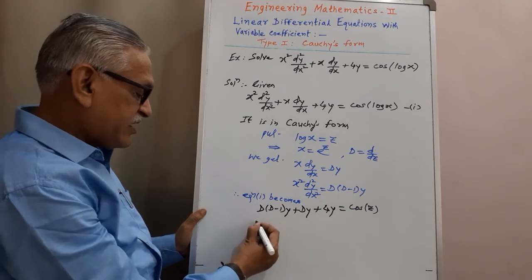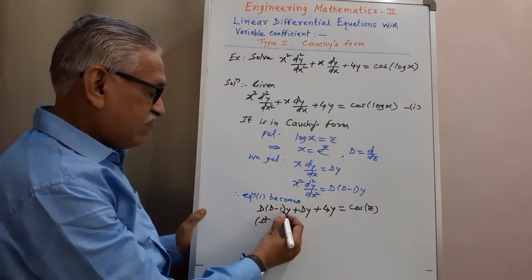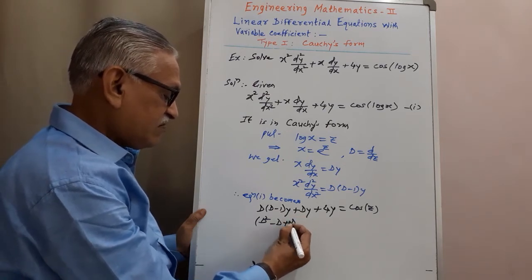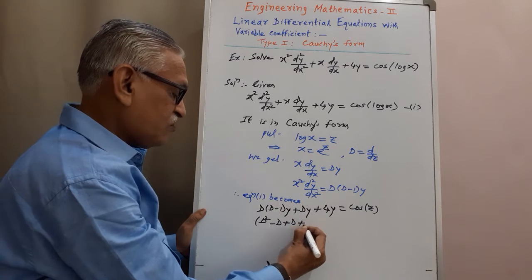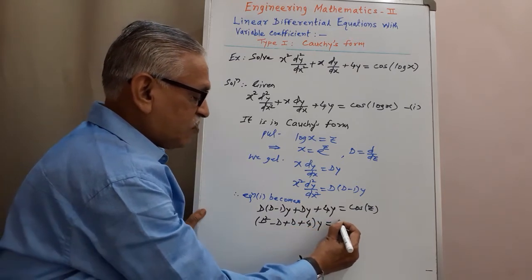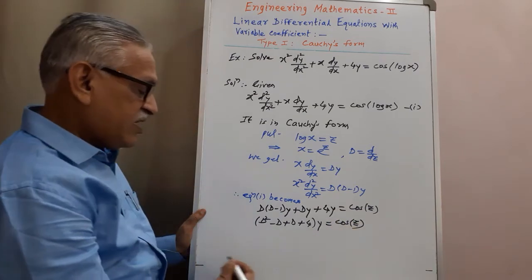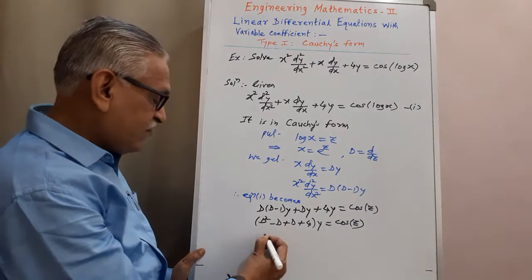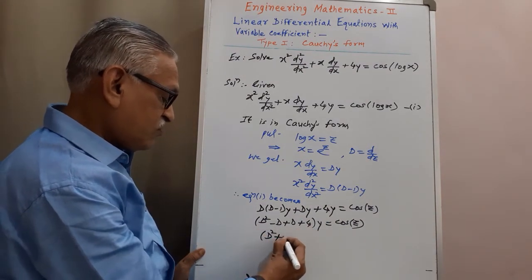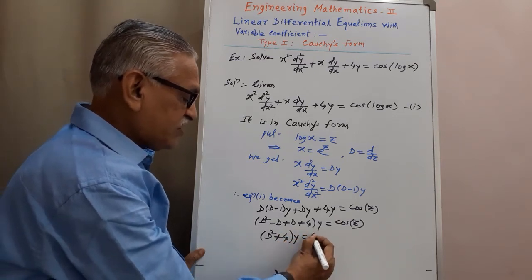Then taking y common from all, we get D square minus D plus D plus 4 operated on y is equal to cos z. Minus D plus D get cancelled, therefore D square plus 4 into y is equal to cos z.